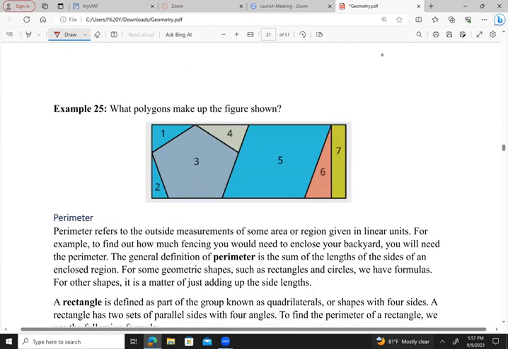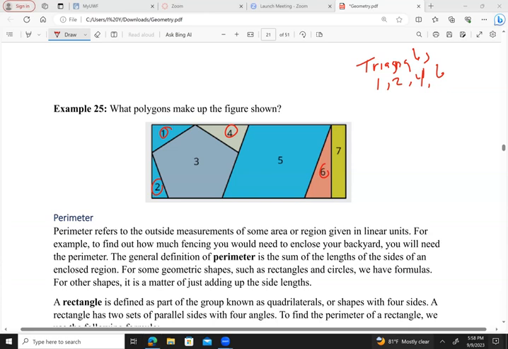So what polygons make up the figure? Well, let's see. We have a bunch of triangles. So let's look at them. Triangles. 1 is a triangle. 2 is a triangle. 4 is a triangle. And 6 is a triangle.